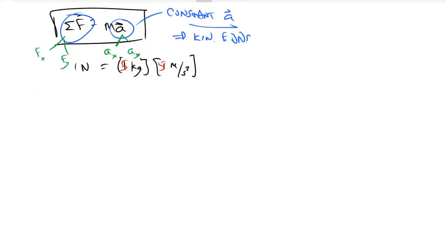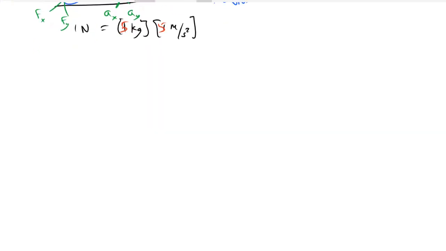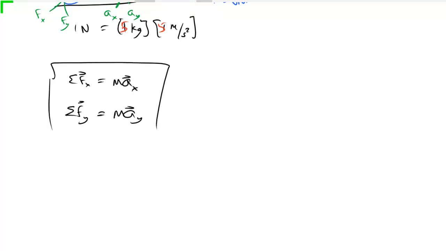So typically, the way we'll write Newton's second law is that the sum of the forces in the x direction is the mass times acceleration in the x direction, and the sum of the forces in the y direction is the mass times acceleration in the y direction. This is Newton's second law in component form.